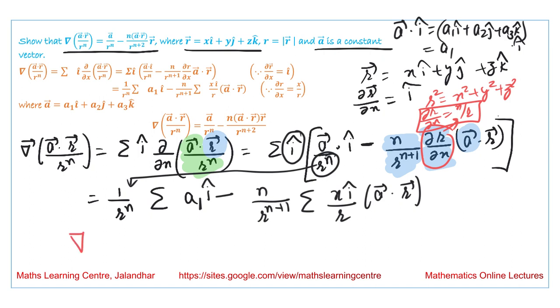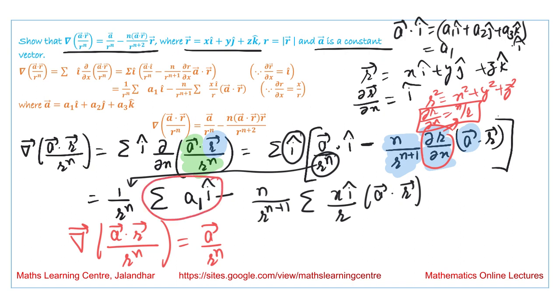So we are writing that the gradient of a vector dot r vector divided by r raised to the power n is equal to a vector by r raised to the power n. Look at this value: it is a1 i cap plus a2 j cap plus a3 k cap. We have this summation over here, so we write it as a vector.